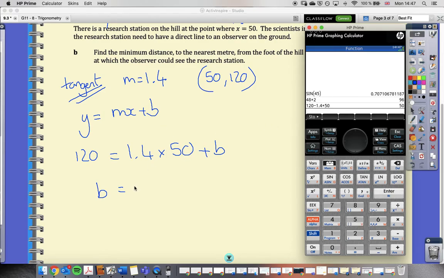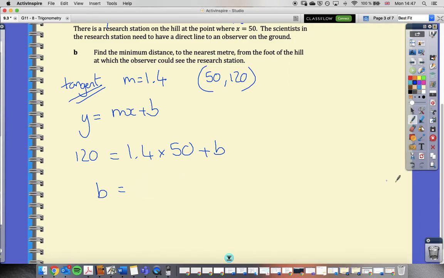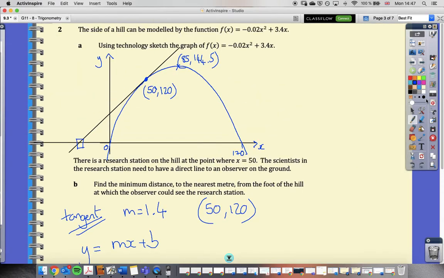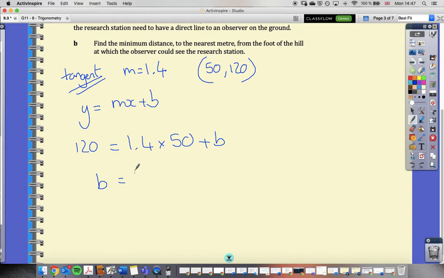Okay, so b is 50. Let's just take a look at that. Does that look sensible? Here's 120. Yep, that looks reasonable to me. So b equals 50. So my tangent line is y equals 1.4x plus 50.